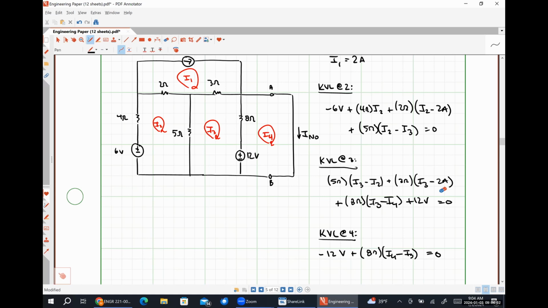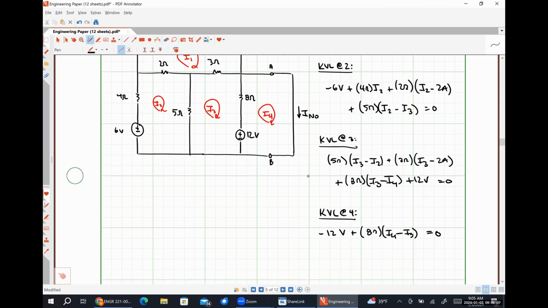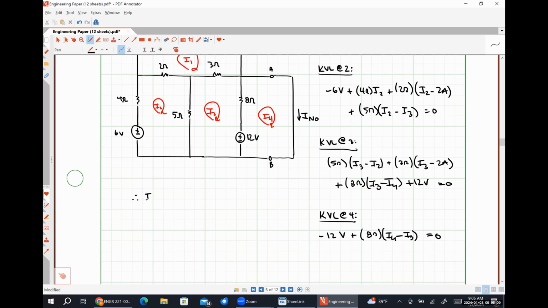All right, in my last equation, my coefficient for I2 is 0, my coefficient for I3 is negative 8, my coefficient for I4 is positive 8, and my constant term is positive 12. Solving these, I get I2 is 50 over 63.